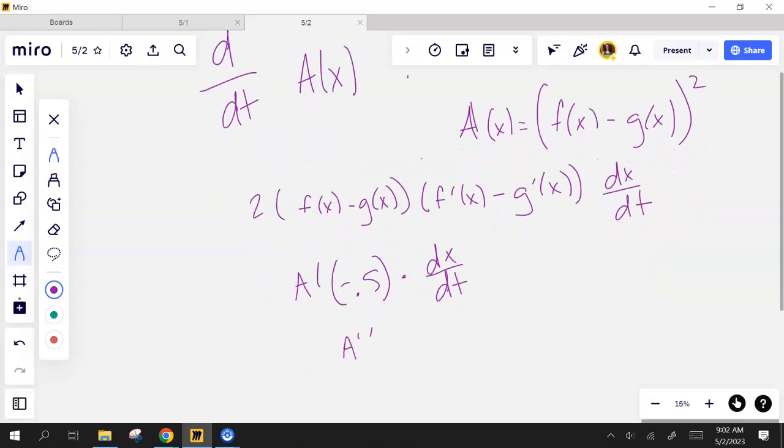So if you do that on your calculator, what do you get?